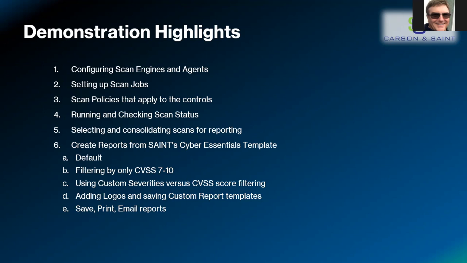That includes the default settings, filtering only on severity scores that apply to Cyber Essentials, the severity ratings between 7 to 10, using custom severities as an optional capability to be able to group those findings by their severity scores to create one column that has one severity score versus the NIST severity ratings.